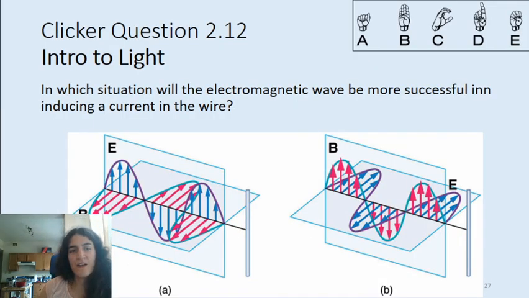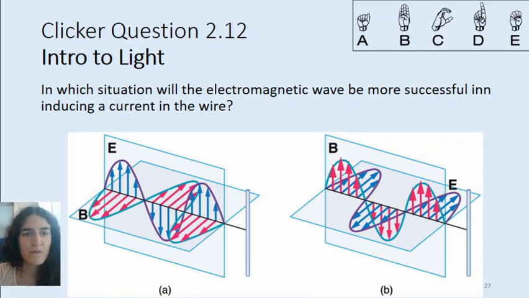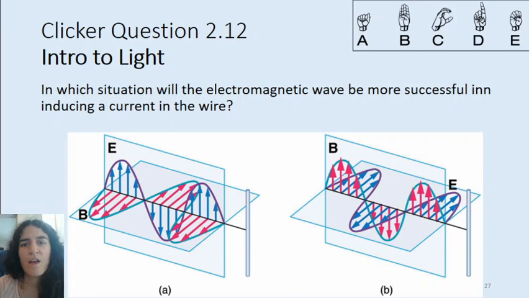Okay, here are some fun clicker questions about this topic. In which situation would the electromagnetic wave be more successful in inducing a current in the wire? Take a look at both pictures and try to figure that out.